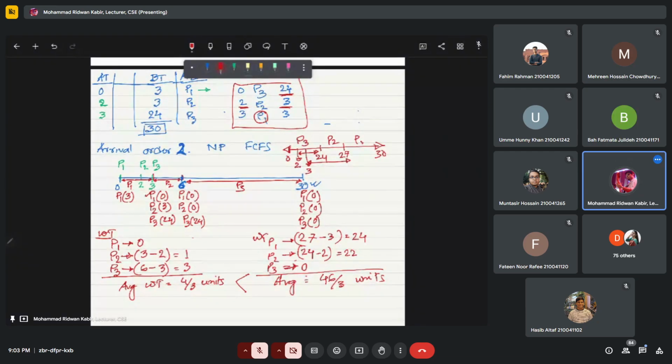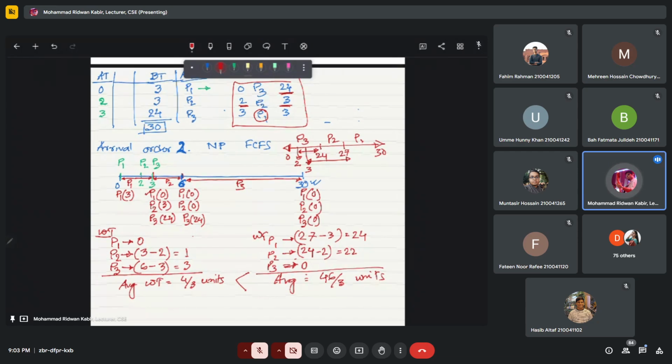But in this case, these processes which are very small, that means they require very small CPU burst times, have to wait for a very long amount of time, since the algorithm is non-preemptive and P3 has a longer burst time, and thus this results in the increase of your average waiting time.